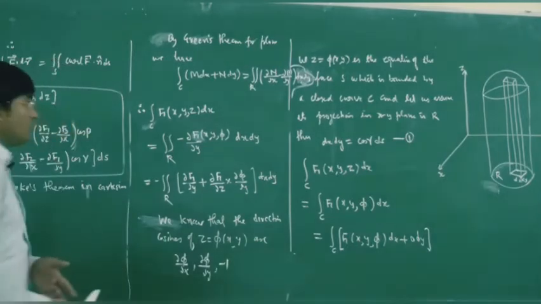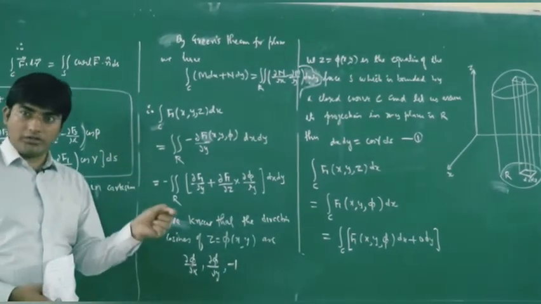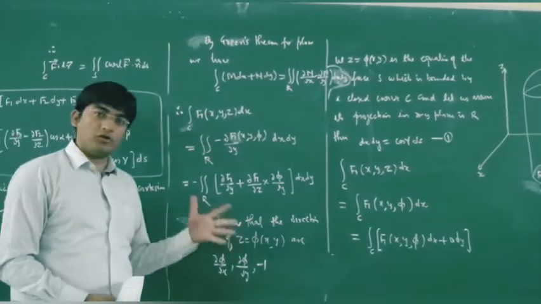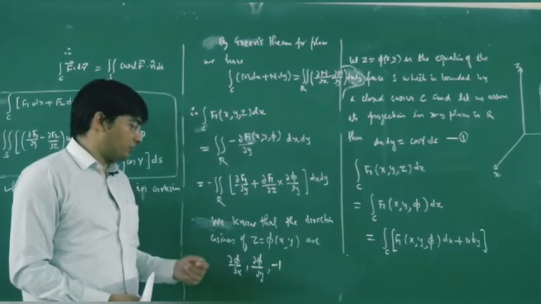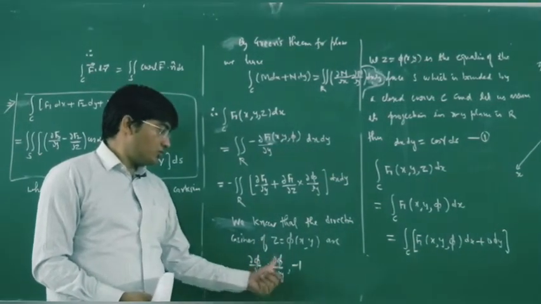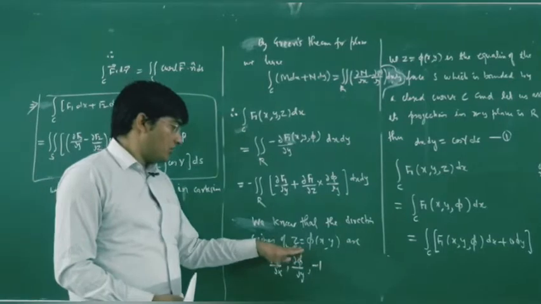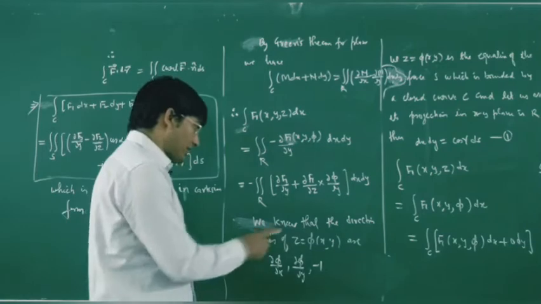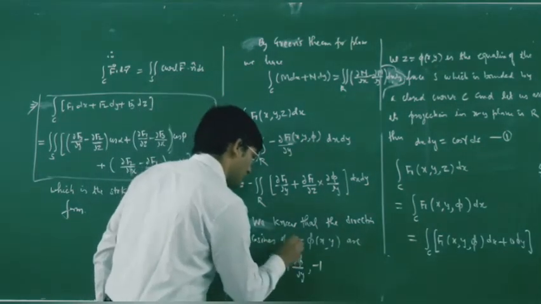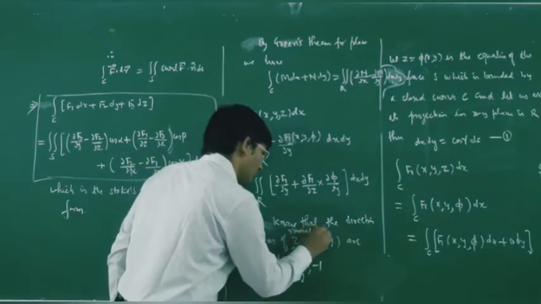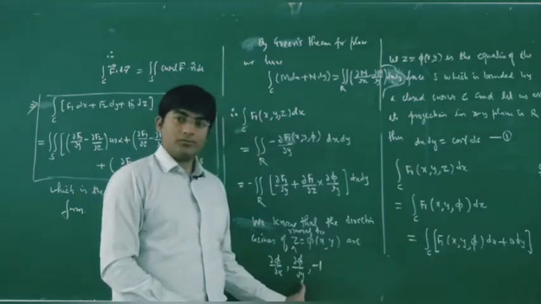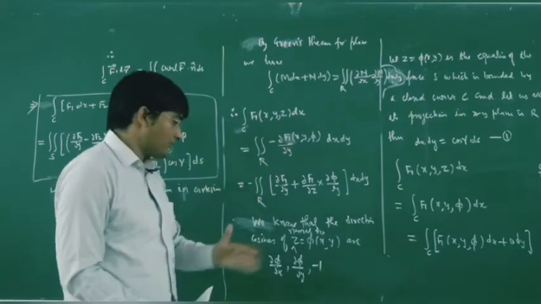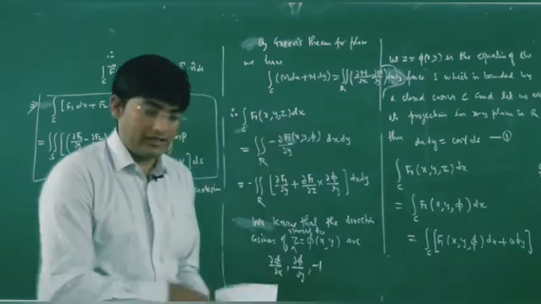Again, initially we have assumed that n cap equals cos alpha i plus cos beta j plus cos gamma k. So cos alpha, cos beta, cos gamma are also the direction cosines of the normal to this surface. So these two will coincide with each other.